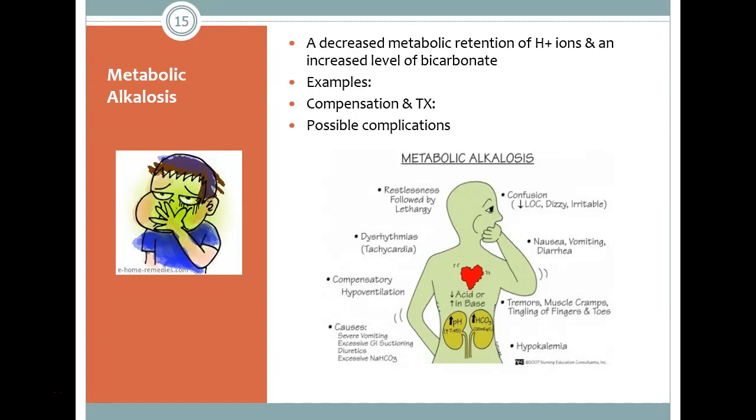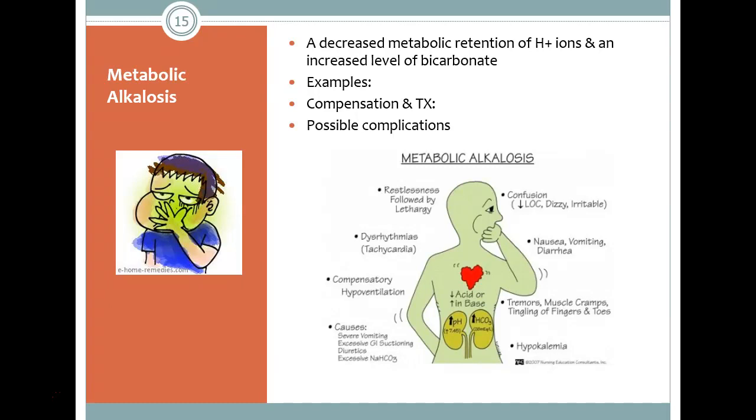Additionally, we can cause this imbalance to happen if we get too aggressive with the diuretics given to the patient, or it can also be caused when the patient takes too much sodium bicarbonate on their own. So too much, again, sodium bicarb.